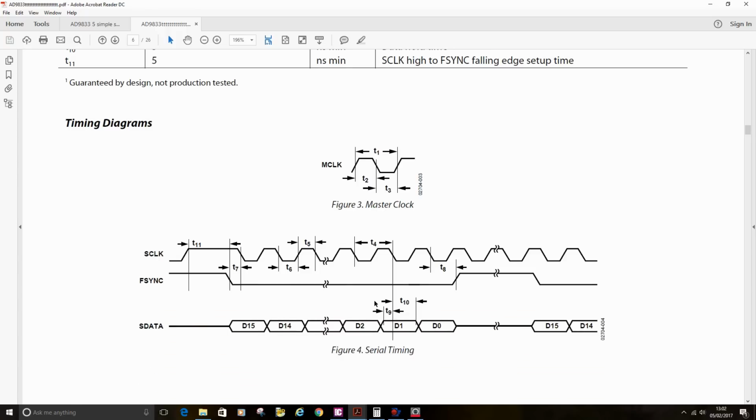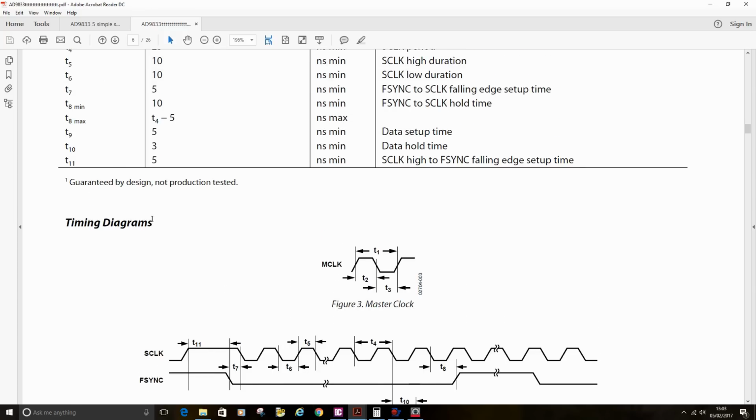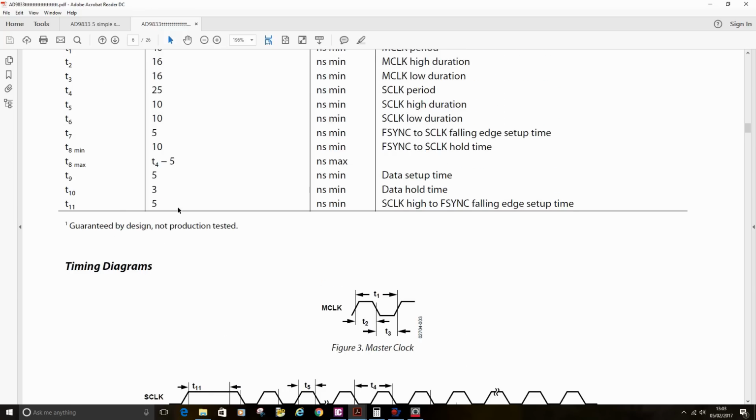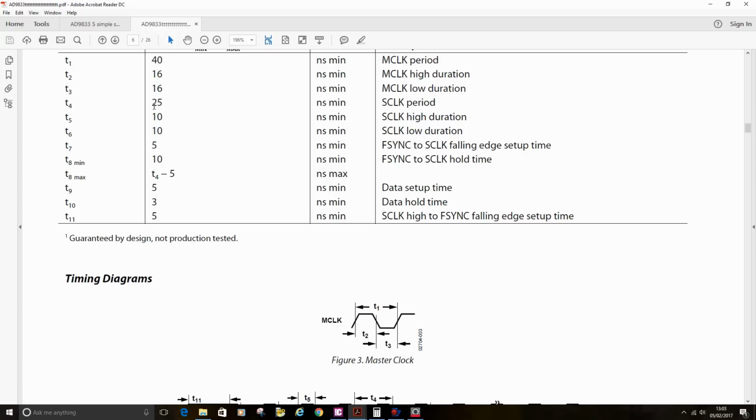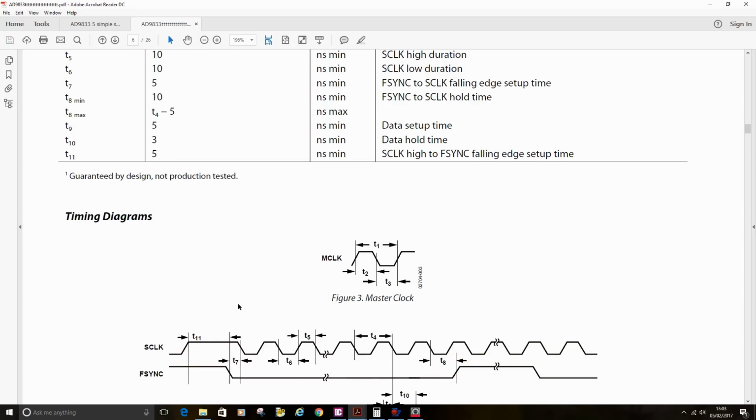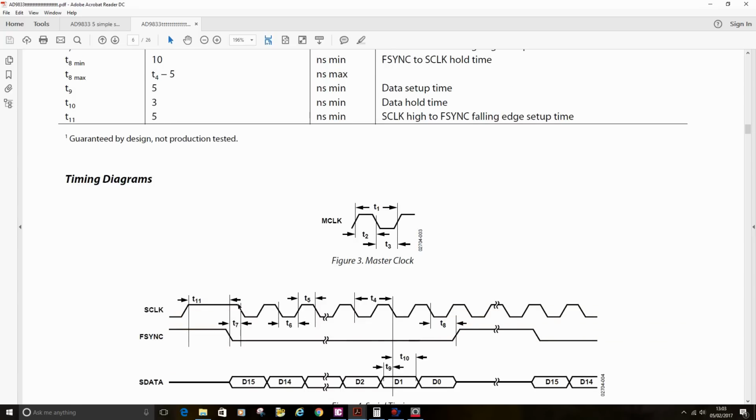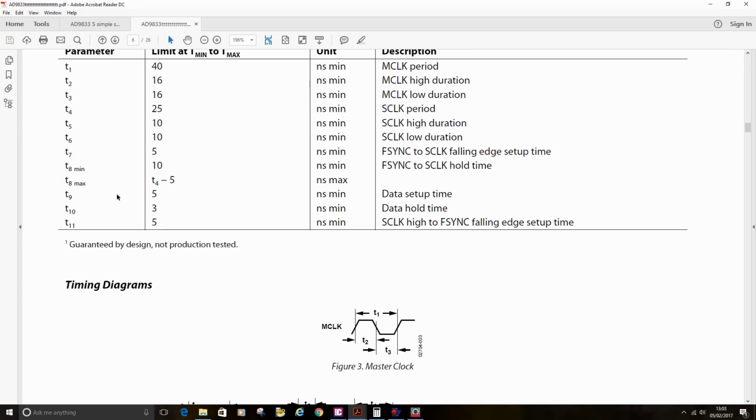So T4 take T5. There's T5, there's a high clock, and T4 is that clock turning off to that clock doing a full cycle. So T4 take T5 is, I think, T4 is 25, T5 is 10, so what did it say? I'm lost.